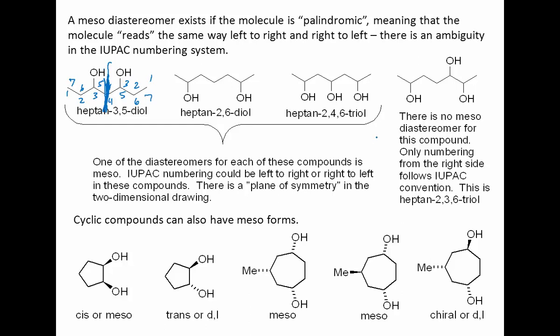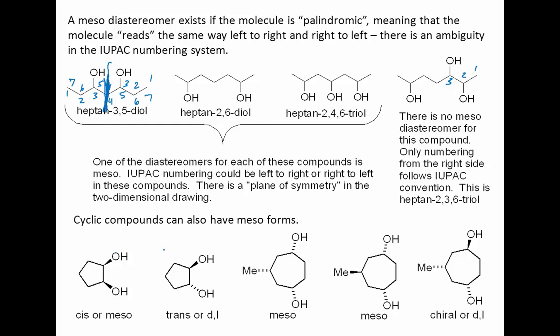If you had to assign a proper IUPAC numbering, you'd have to number from the right, and this would be heptane-2,3,6-triol. There's no confusion, and you can't draw any point here where there's a plane of symmetry in the two-dimensional structure.